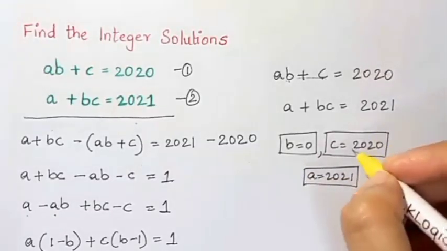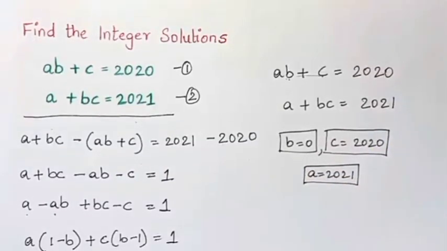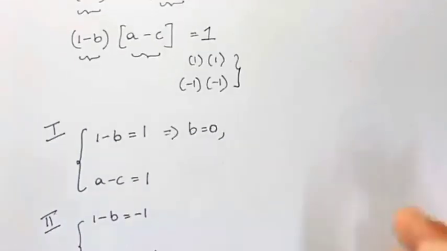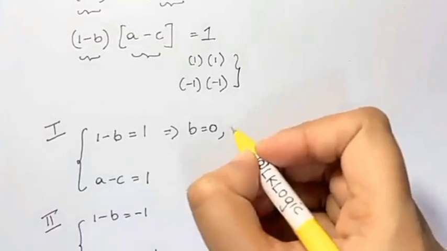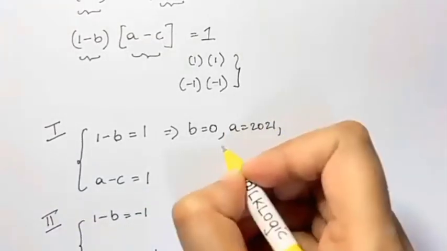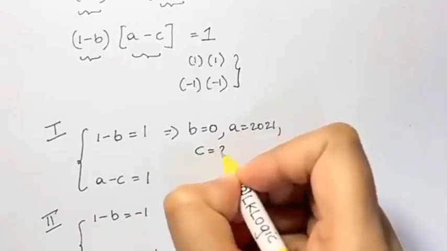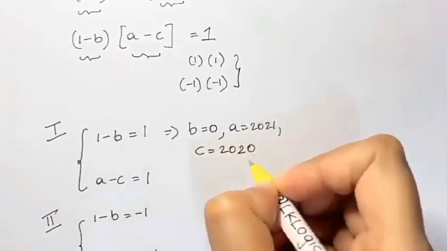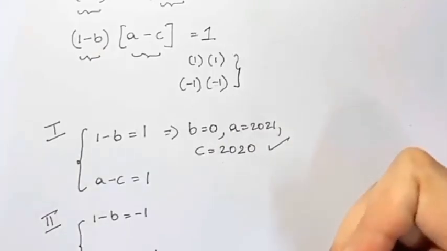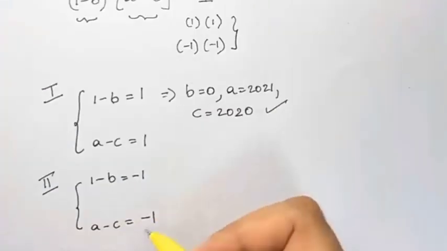Let's write it down. A is 2021, B is 0, and C is 2020. So this is how we got three values of A, B and C here. Let's find the values of A, B, C for the second case.